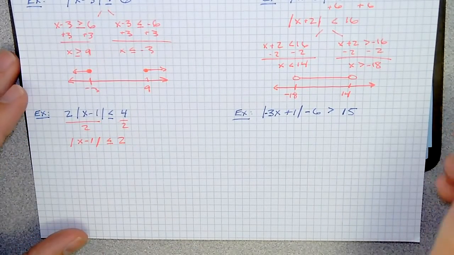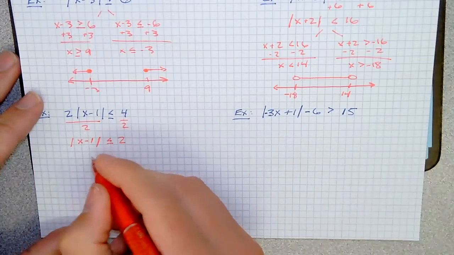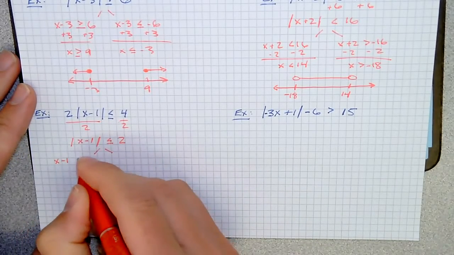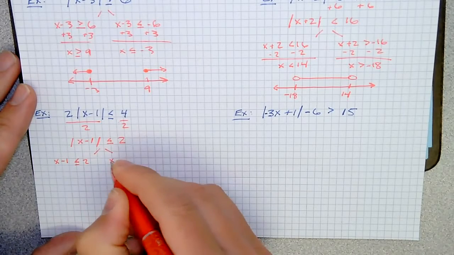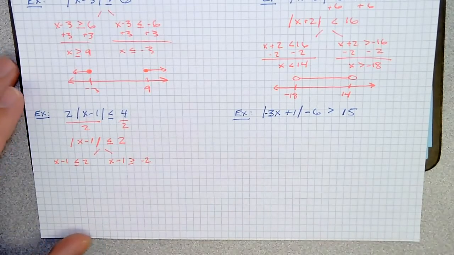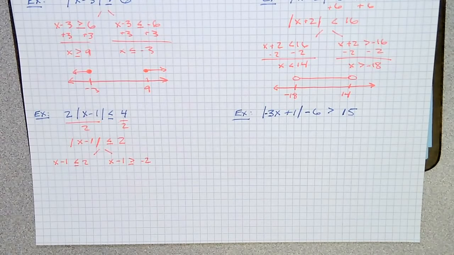So now I have the absolute value of x minus 1 is less than or equal to 2. Right, my two inequalities. First one, I leave the same. x minus 1 is less than or equal to 2. Second one, flip the sign and make it negative. So it's x minus 1 is greater than or equal to negative 2.